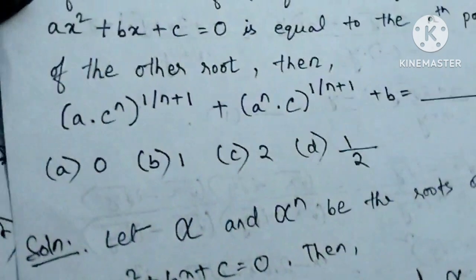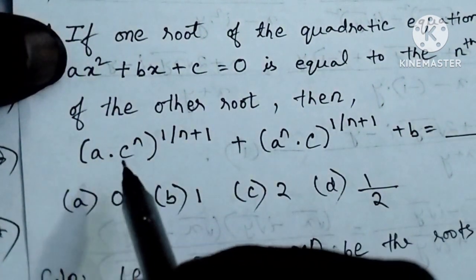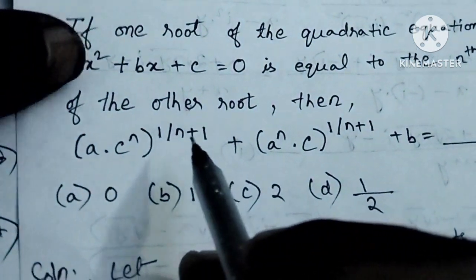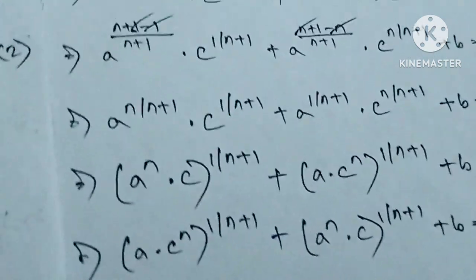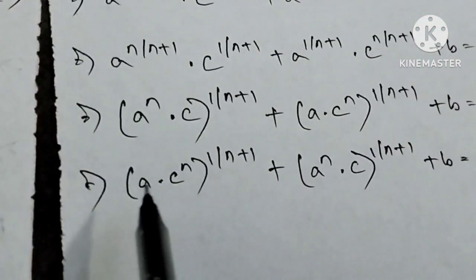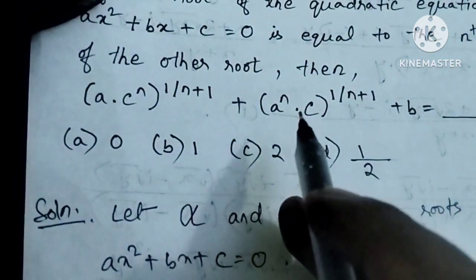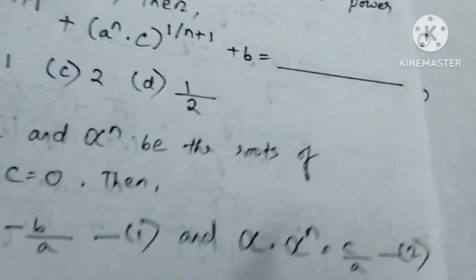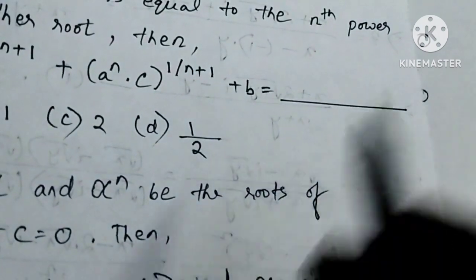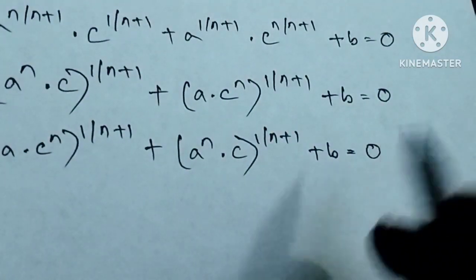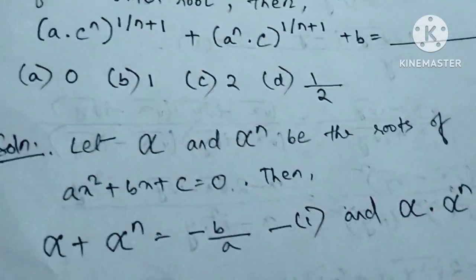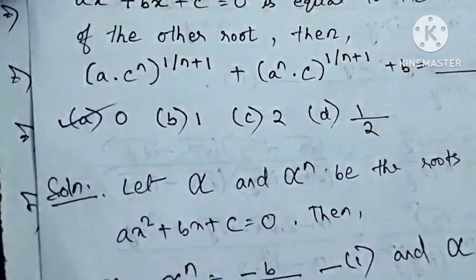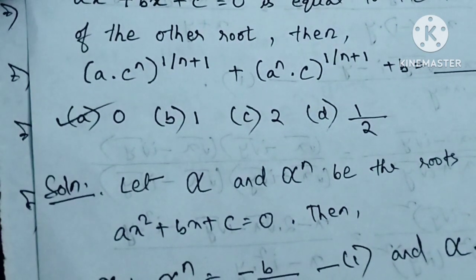See the question, it has been given to us: a into c to the power n whole to the power 1 by n plus 1, plus a to the power n into c whole to the power 1 by n plus 1, plus b is equal to dash. It was the question, plus b is equal to 0. So option number A is the correct option, 0. Clear? Thank you.